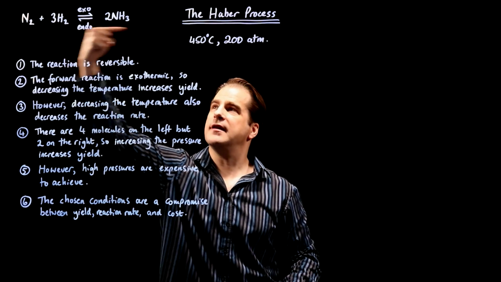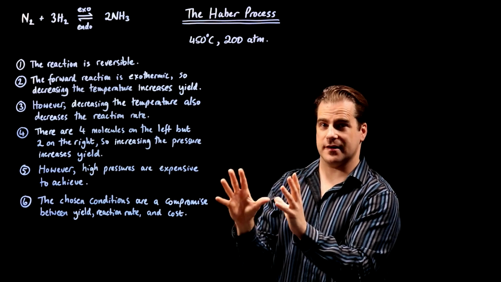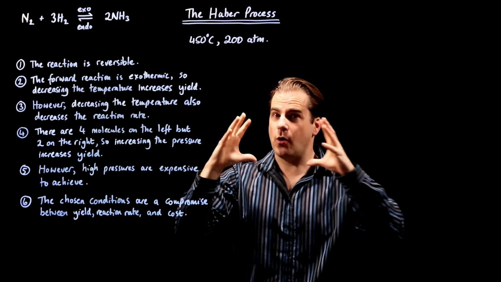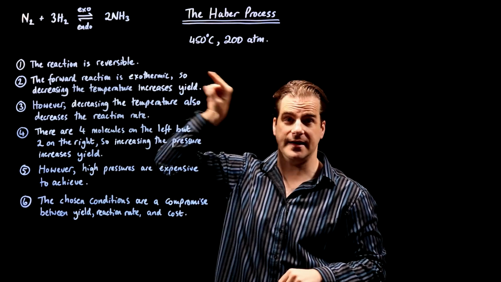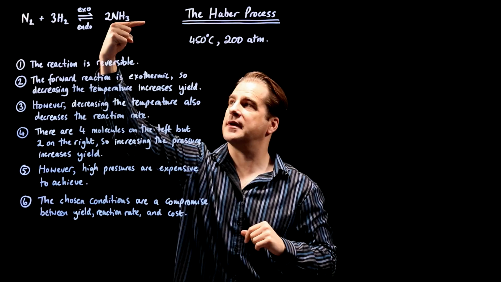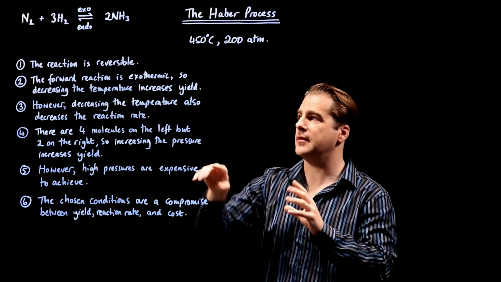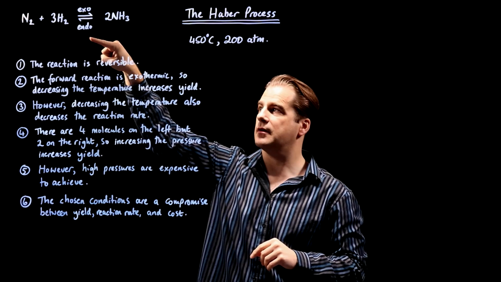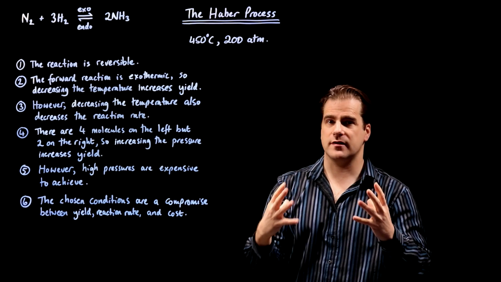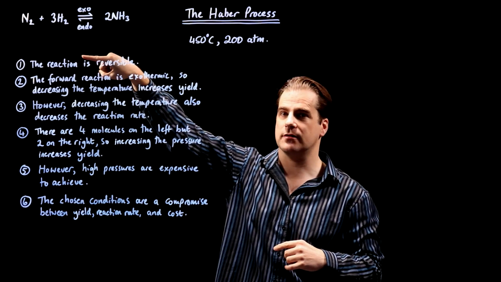Now, it's already exothermic in that direction, so the reaction will try and do the opposite. It tries to decrease temperature, decrease heat. And because it's exothermic in that direction, it's endothermic in the other direction, so it will shift the position of equilibrium in the endothermic direction. So therefore, according to Le Chatelier's principle, if we try and increase temperature, it will shift the equilibrium in the endothermic direction.